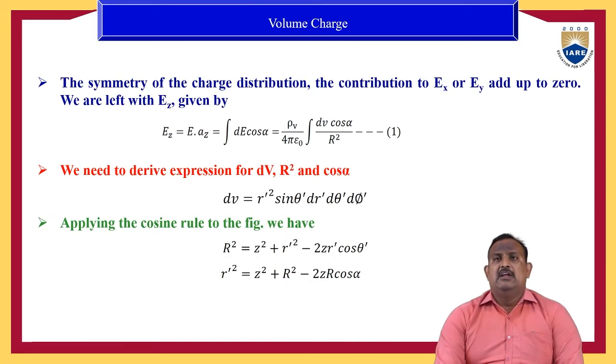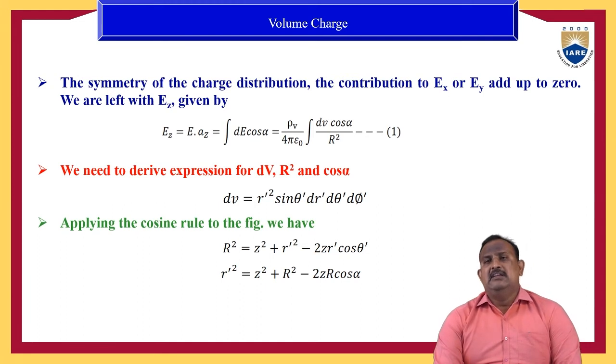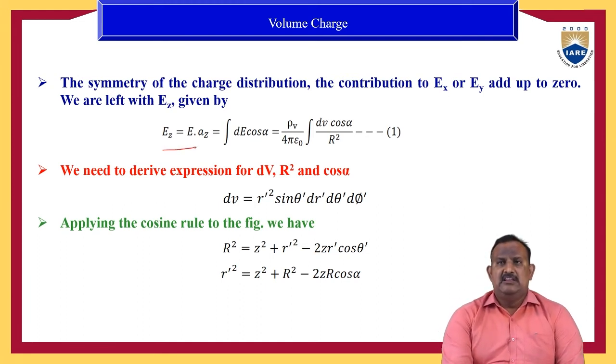Next, because of the symmetry, we can calculate the electric field intensity along the z direction, which is Ez. We can write Ez equal to E into AZ, where AZ is the unit vector along the z direction.